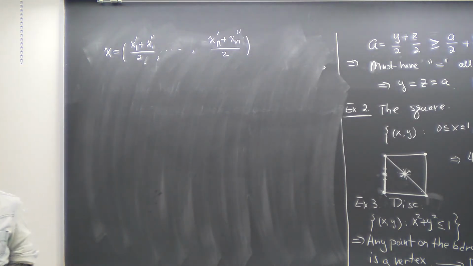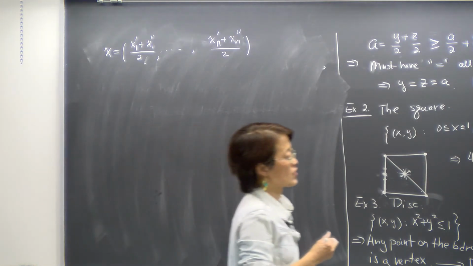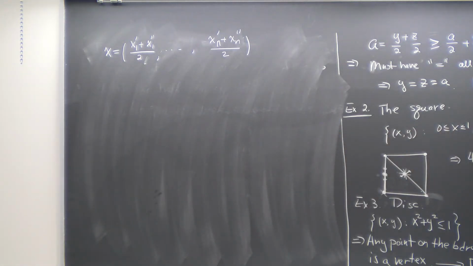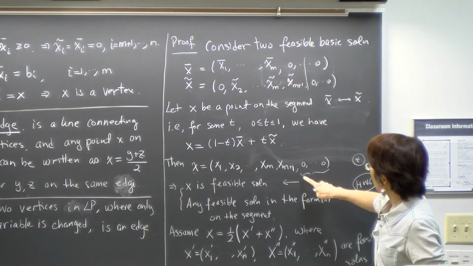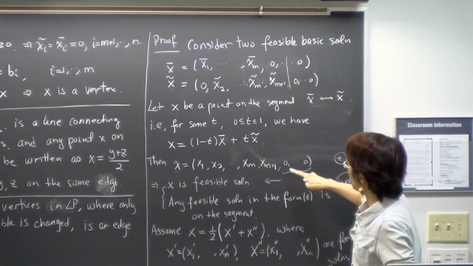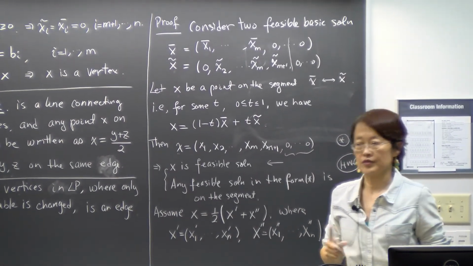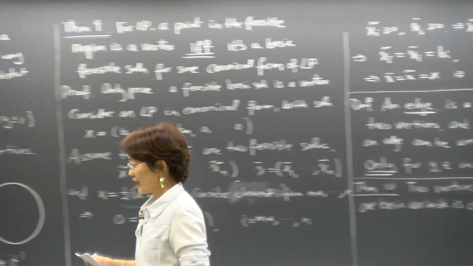So x must take that form if it's a midpoint of these x prime and x double prime, right? And then we also know that x is in this form star, that is, in the positions from m plus 2 to n, x is 0, right? So let's use that.